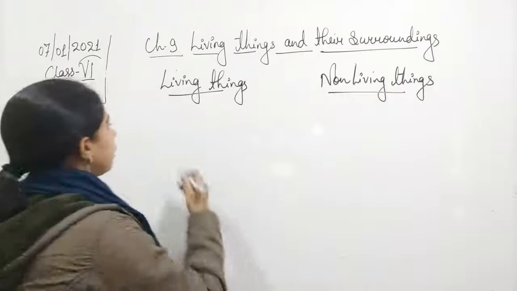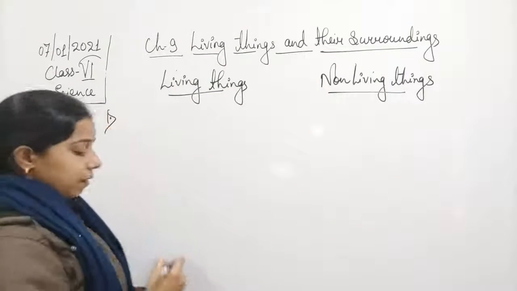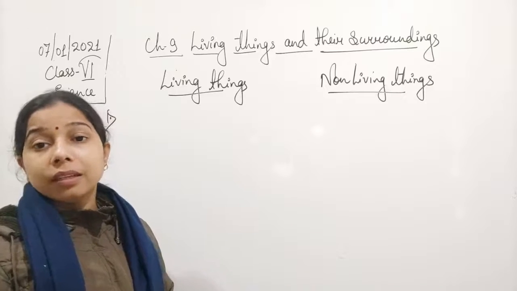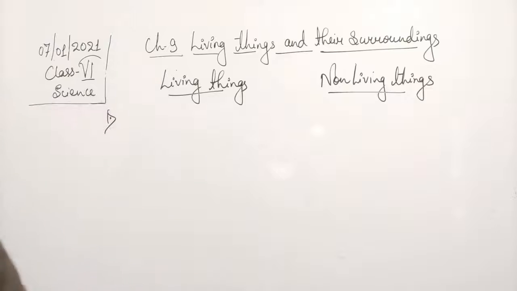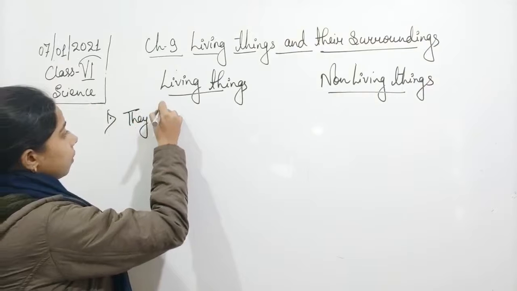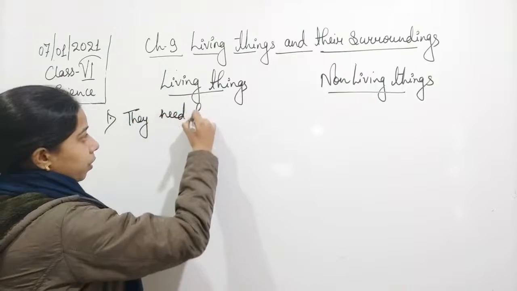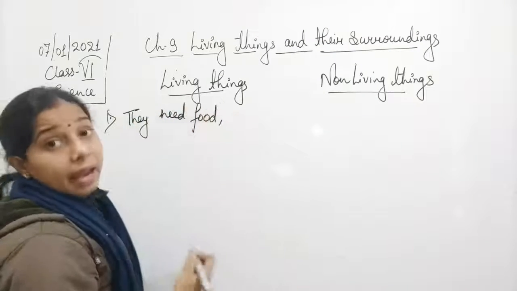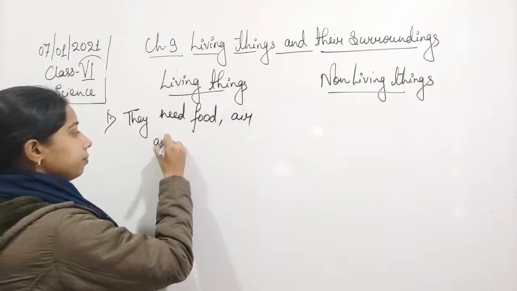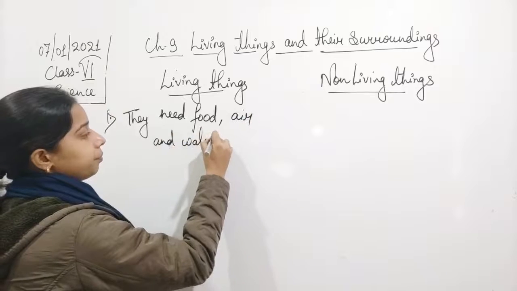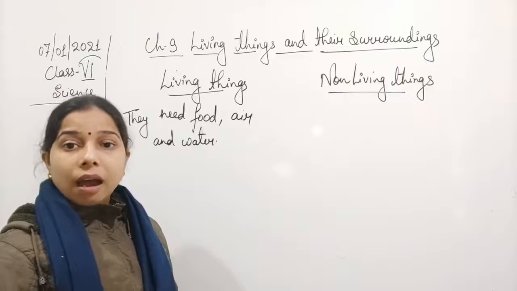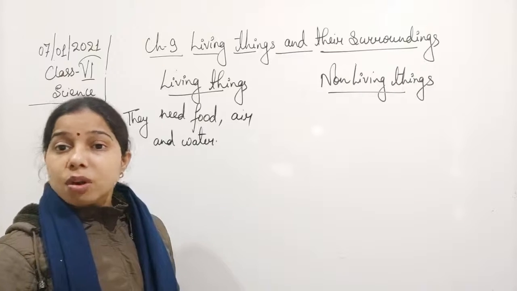So the first point that we can write about the living things is that living things need food, they need water. Okay, so we can write it. These living things need food, air and water. So it is very important. If they will not get food, air and water, they will not be able to survive.